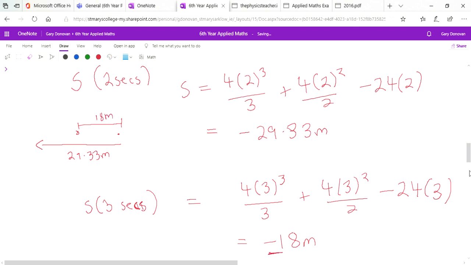So the question was, what's the total distance traveled? So it's going to be this distance here plus this distance here, which would be 29.33 minus 18.